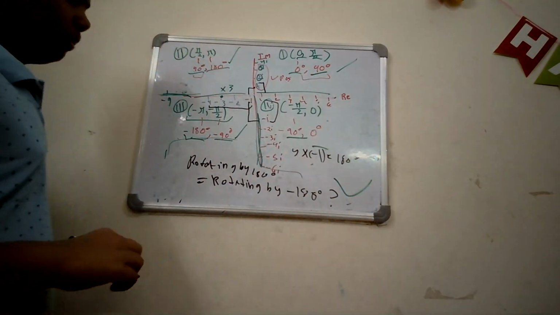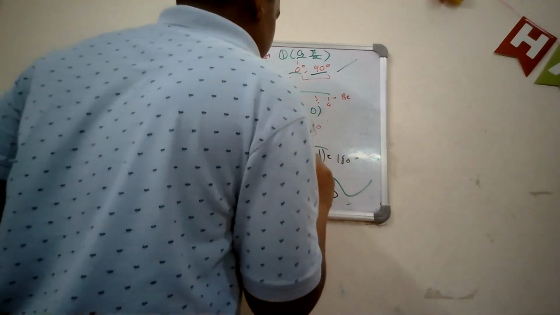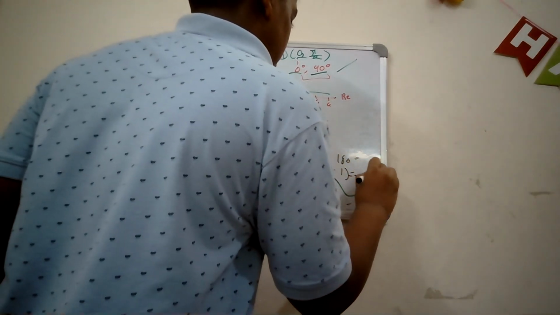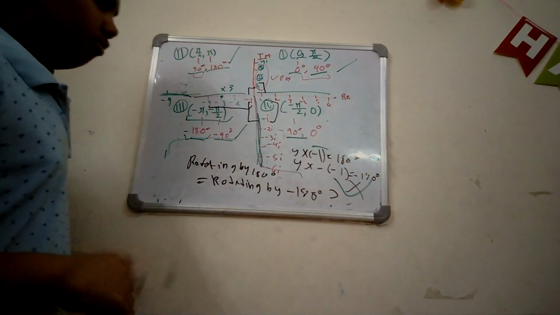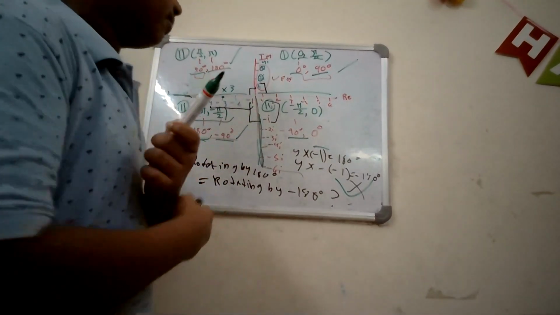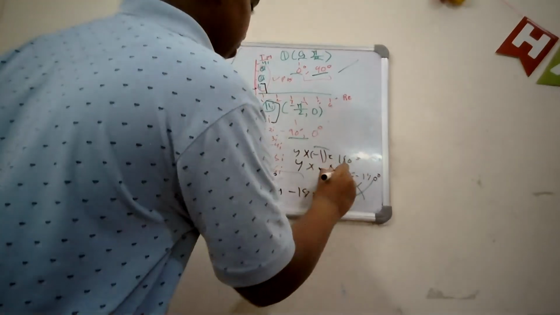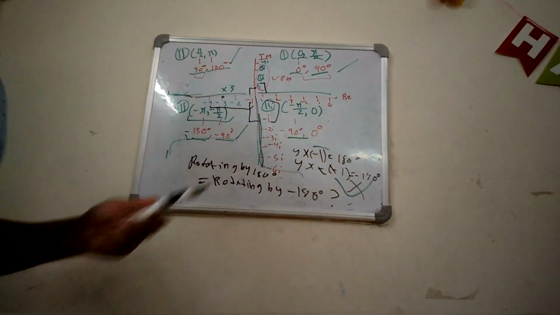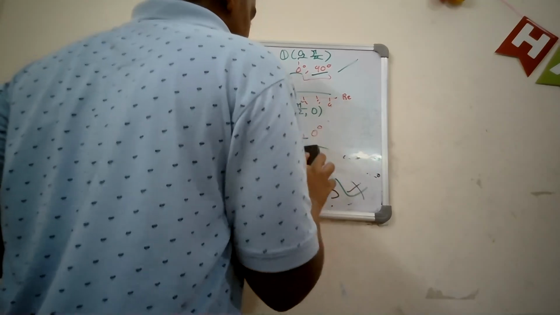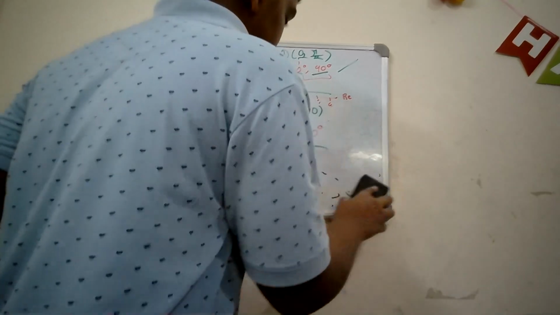So if I multiply it by negative, that means I'm going to have to put a double negative, right? No. When we multiply any number by 1, this will cancel out. We'll just get positive 1. But that will be 0 degrees. But we can't say rotating by negative 180 degrees is equal to rotating 0 degrees.